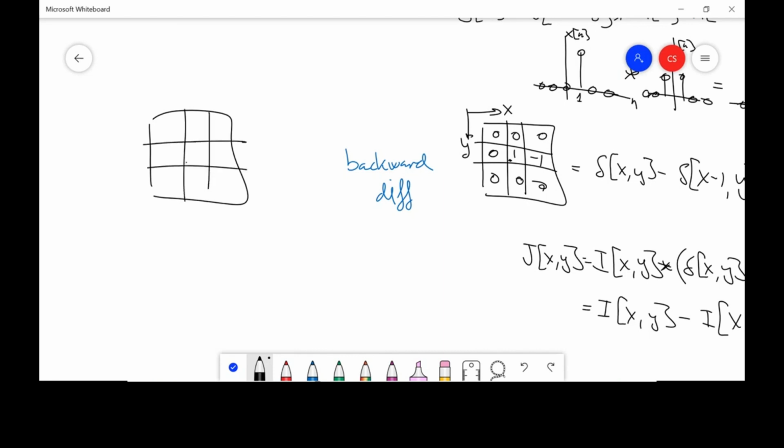So always specify what is the origin. This is the origin. I could have designed my kernel like this. And now I am subtracting not the pixel on the left. This is the pixel on the left. Remember that we have to turn this 180 degrees. But I'm subtracting the pixel on the right. So this is forward difference.